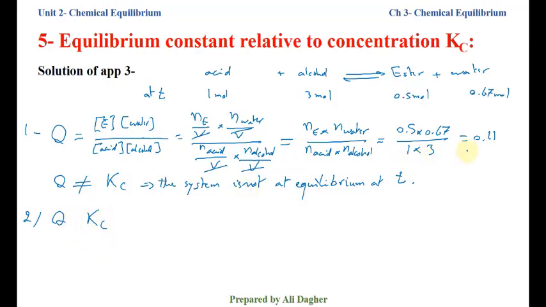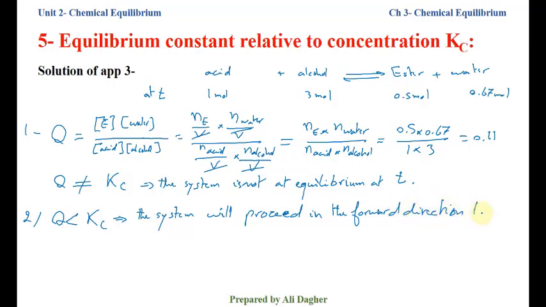Kc equals 4, Q equals 0.11, then Q is less than Kc, then the system will proceed in the forward direction to establish the equilibrium.